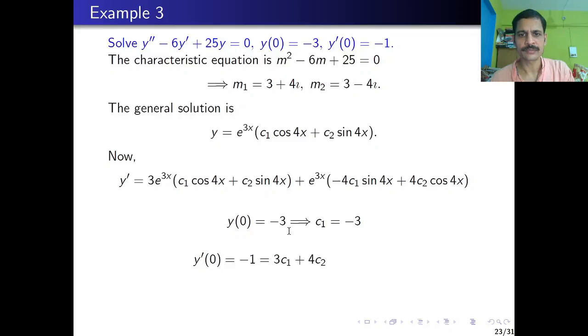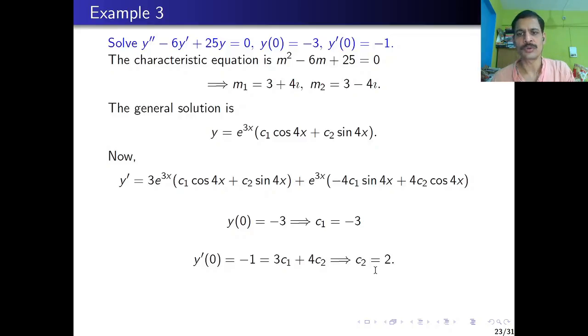So we get 3c1 from this whole quantity and 4c2 from this quantity, and this will be equal to y dash of 0, but y dash of 0 is given to be minus 1, so minus 1 is equal to 3c1 plus 4c2.